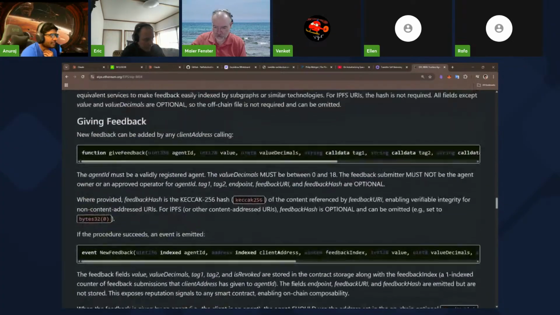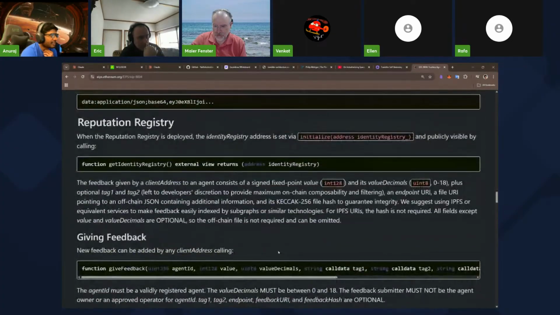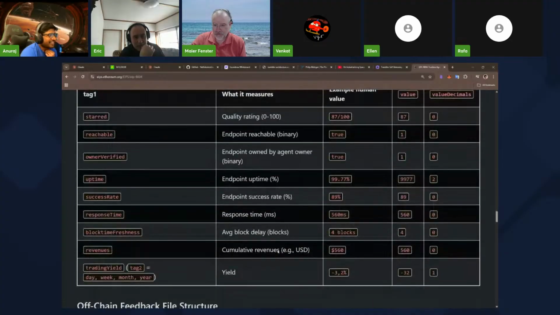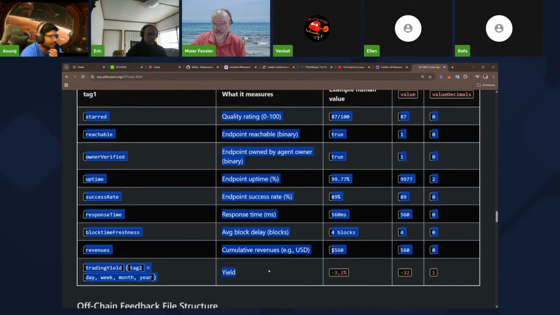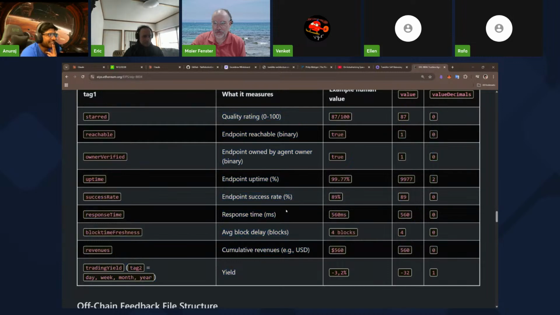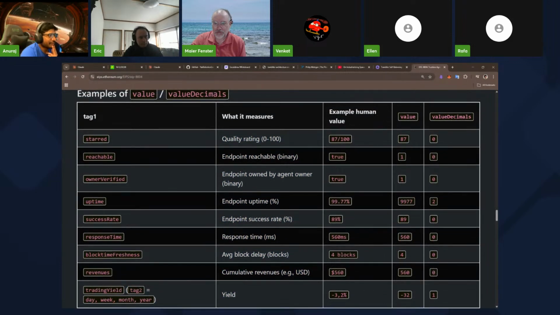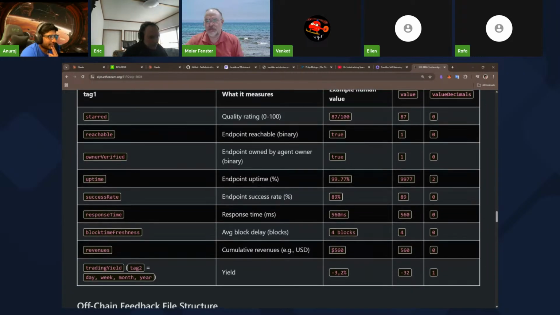So that's what I meant with my post on the verification. These are the features right now in the 8004 reputation registry: basically quality, endpoint reachable or not, owner, uptime, success rate, response time, cumulative revenues, and yield.